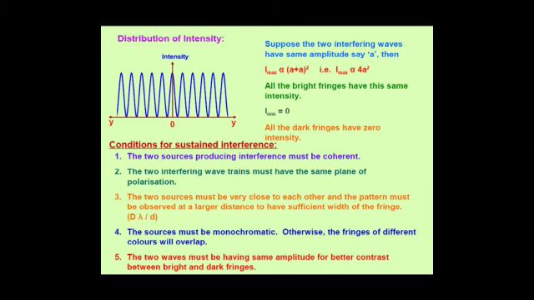The intensity of all the dark fringes and the bright fringes is the same, and their width is also the same. So in the interference pattern, we obtain alternate bright and dark fringes of the same width and almost the same intensity.